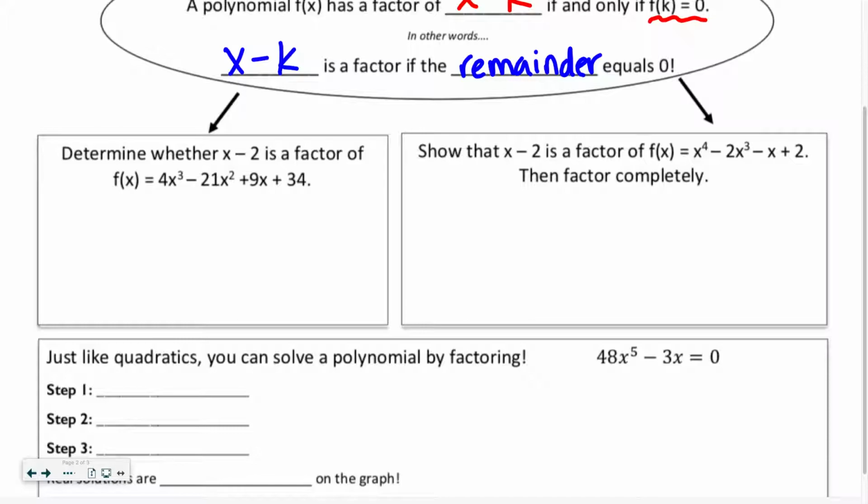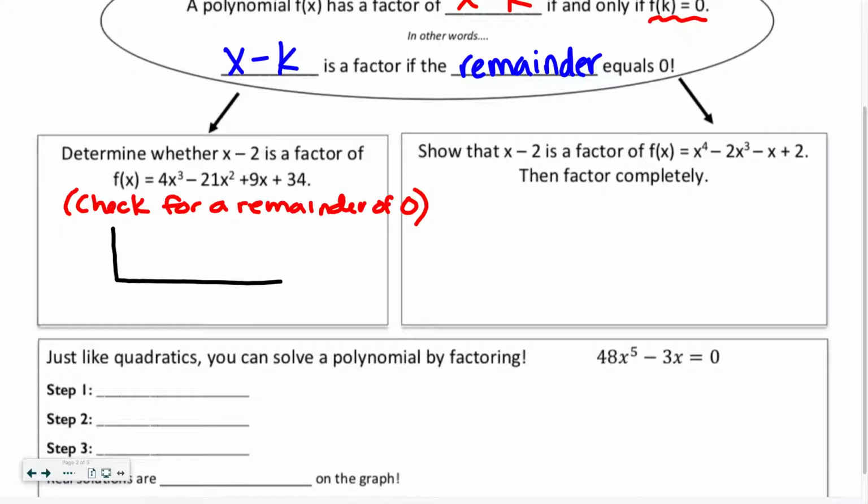That's the only way it's a factor. So we're going to do polynomial division, and we're going to check for a remainder of 0. If you get a remainder of 0, you can say, yes, it is a factor. If you get a remainder of anything other than 0, you say, no, it's not a factor. It doesn't divide nicely.